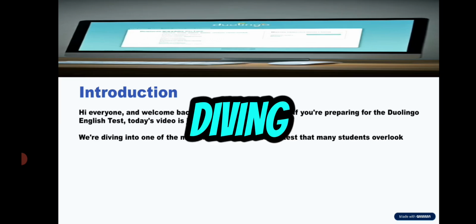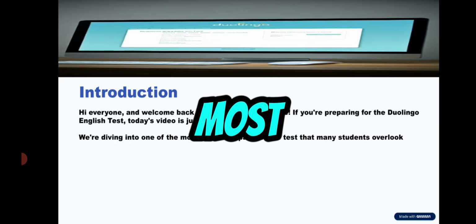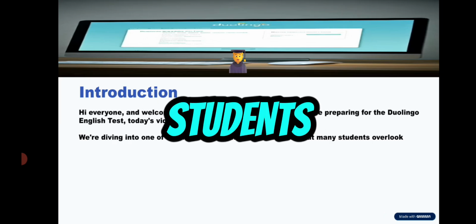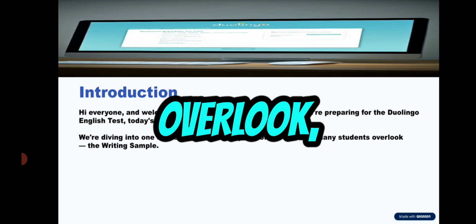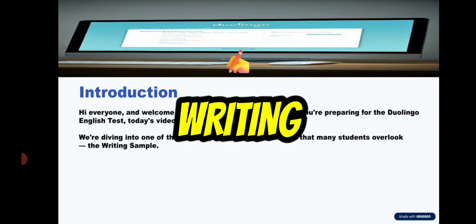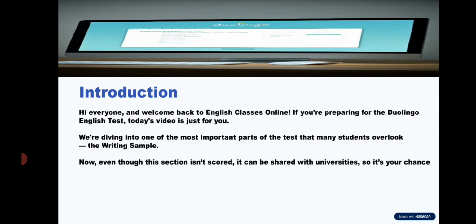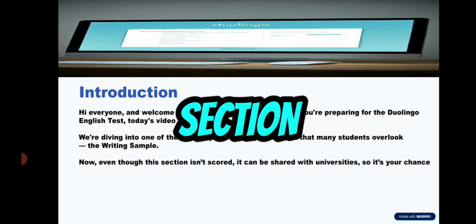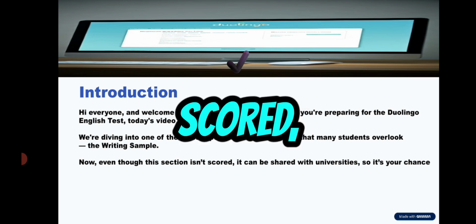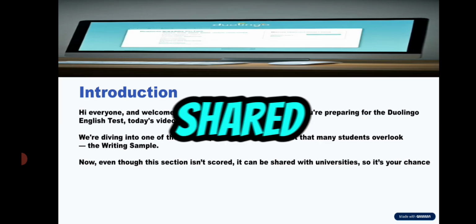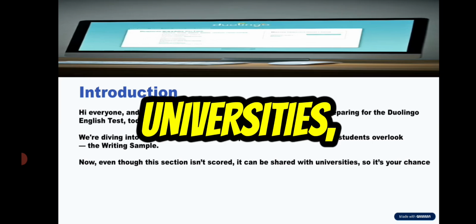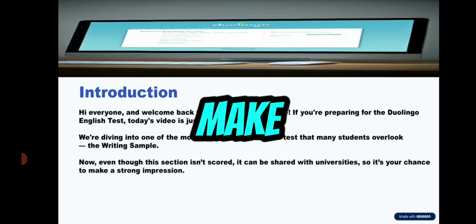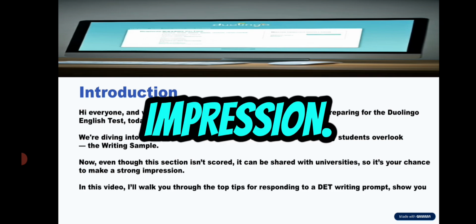We are diving into one of the most important parts of the test that most students overlook, and that is the writing sample. Now, even though this section isn't scored, it can be shared with universities. So it is your chance to make a strong impression.